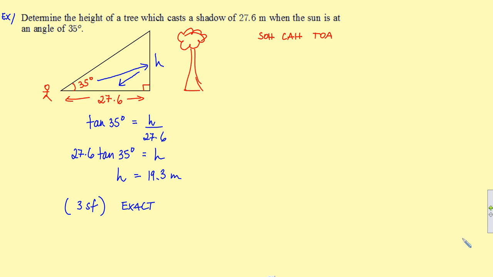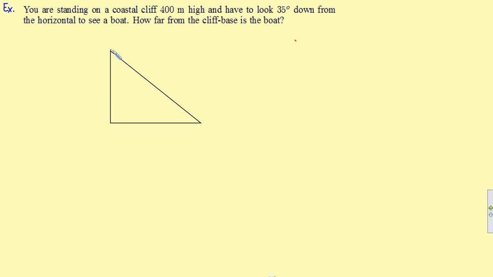The next one says you're standing on a coastal cliff that is 400 meters high, and you have to look down from the horizontal to see a boat. So you're up here, and it's 35 degrees looking down with respect to the horizontal. So the angle is not inside the triangle, but on the outside of the triangle, because you're looking 35 degrees down with respect to the horizontal.